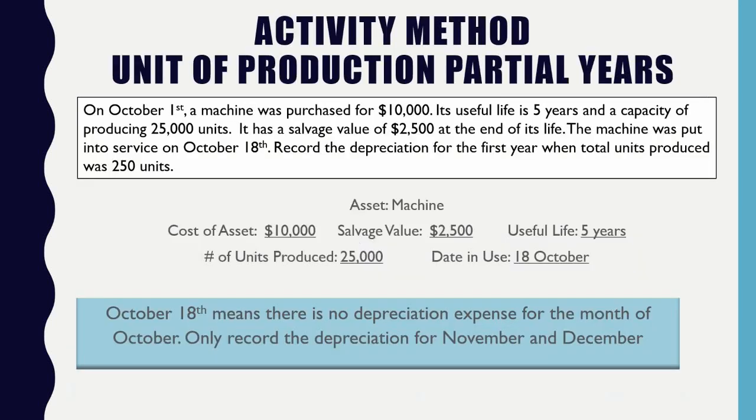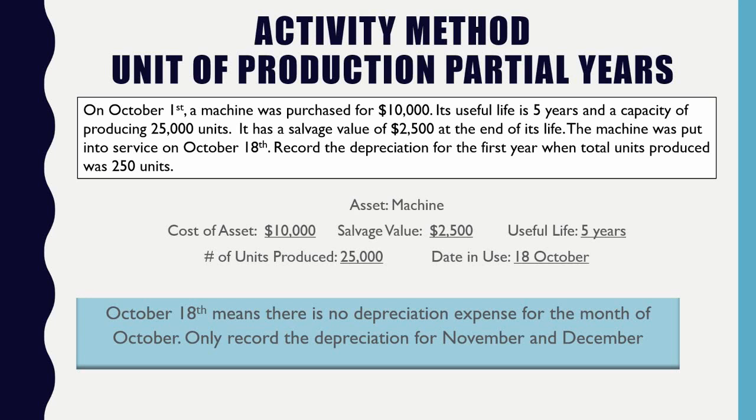And that is it. So let's talk about what happens when we need to consider partial years. For this example, we have a machine that we purchased for $10,000.